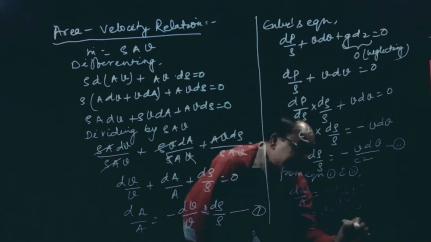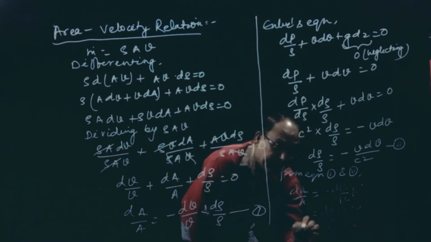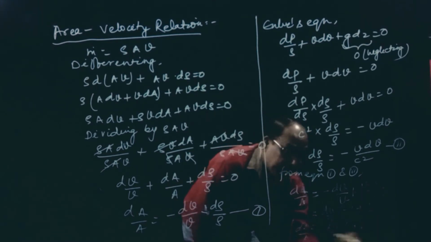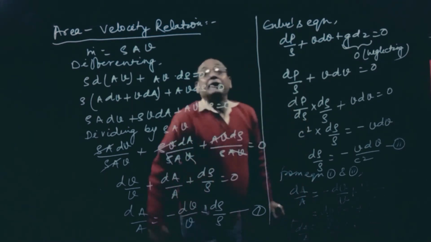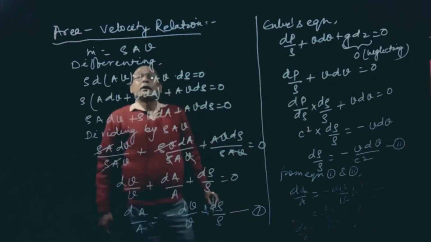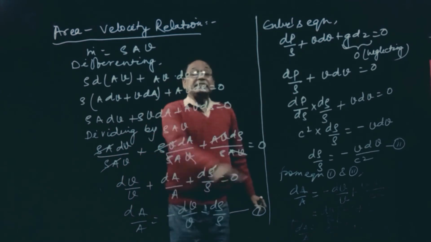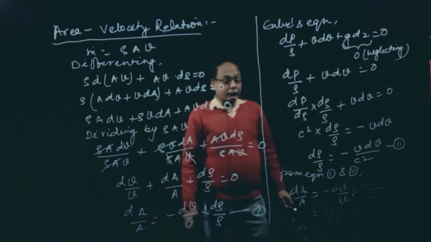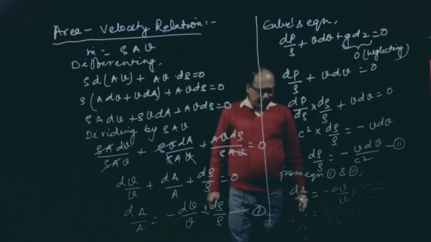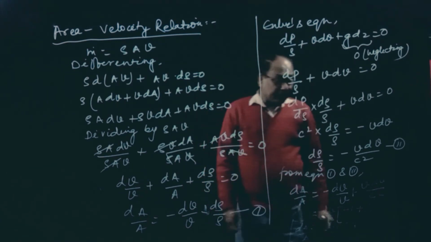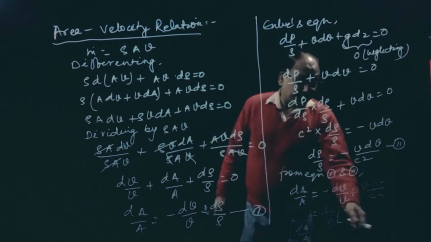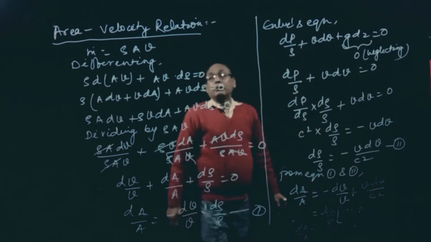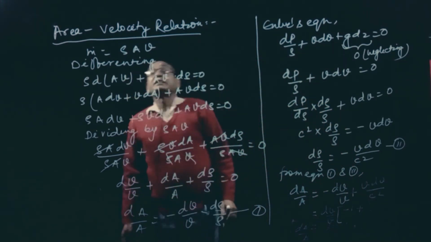V by C is the Mach number, so it is dV by V into Mach number square minus 1. So this is the relation to find the area velocity relation for compressible flow. That relation is dA by A is equal to dV by V into (Mach number square minus 1).